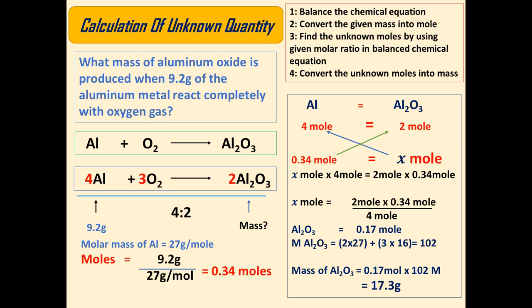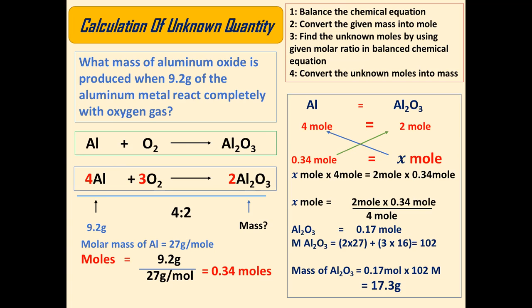So x is going to multiply with 4 and 0.34 is going to multiply with 2. Now, 4 mole is multiplying with x, and this is going to divide on the other side. That will give us the mole of aluminium oxide, and that is 0.17 moles.